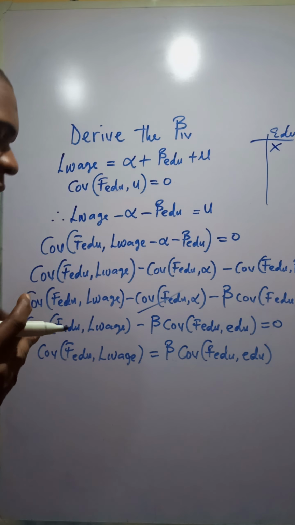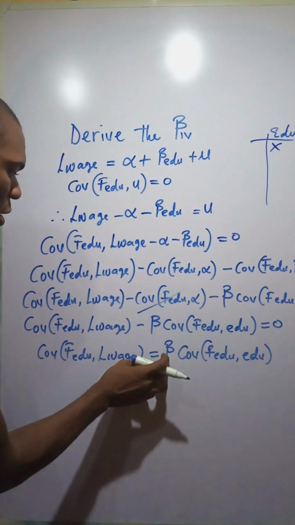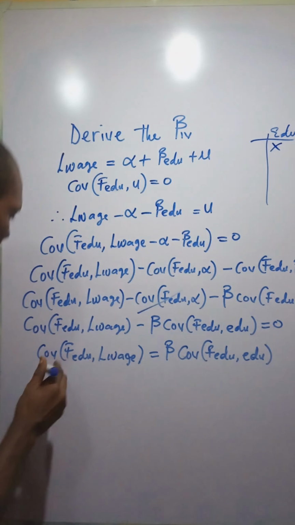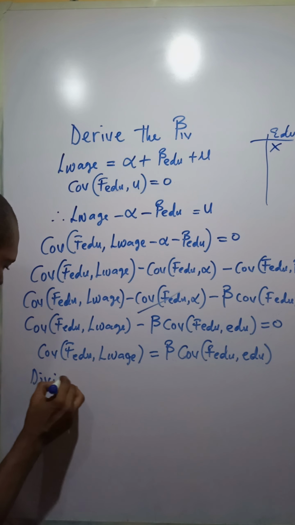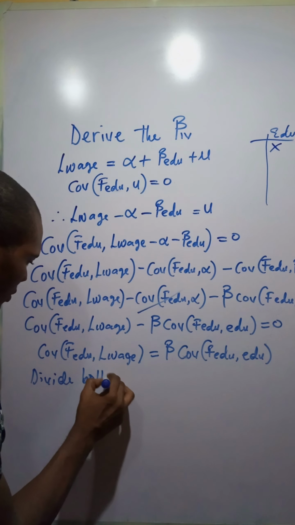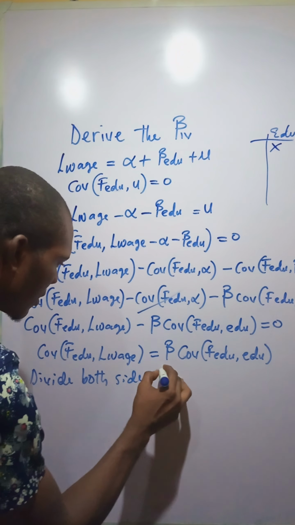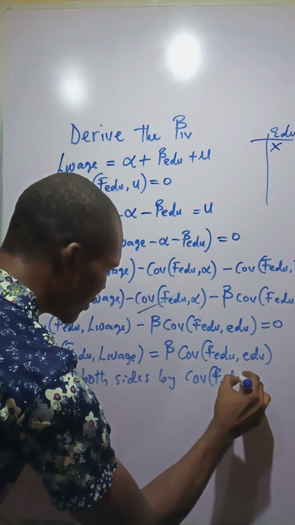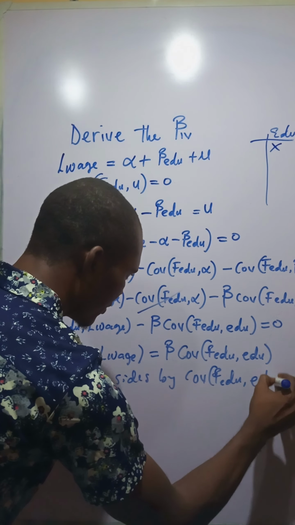Now since we are looking for this parameter beta, we have to divide both sides by covariance father education education.